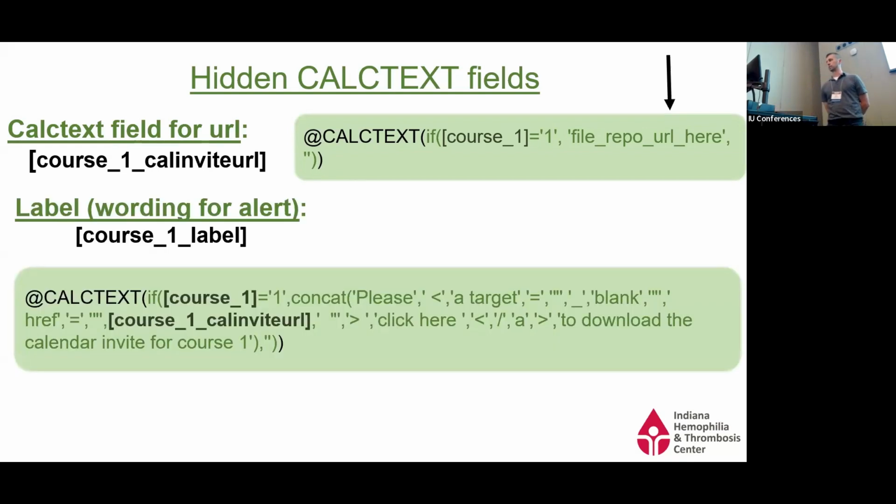I won't go through all of the details, but it makes it very smooth and efficient to pipe that in there and make it clickable. If someone doesn't have that course selected, it'll just be blank, so you don't have a lot of extra wasted space. All right, I think that's it for that use case.